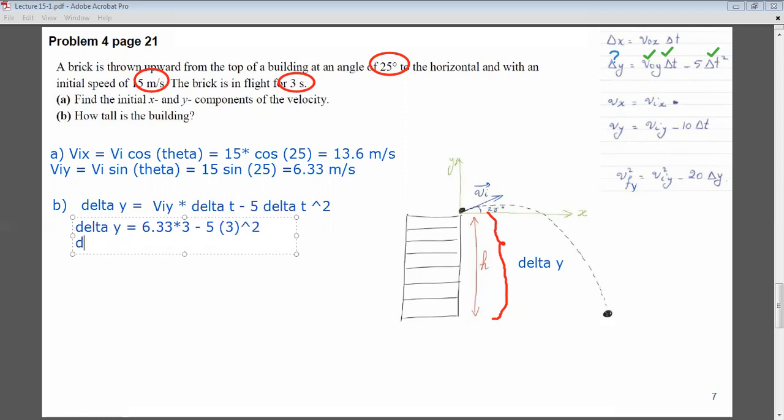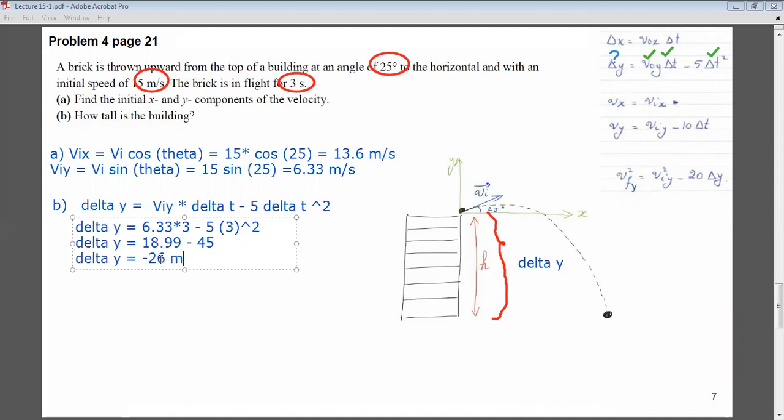So delta y is equal to 18.99 minus 45, so delta y equals minus 26.01, so almost minus 26 meters.